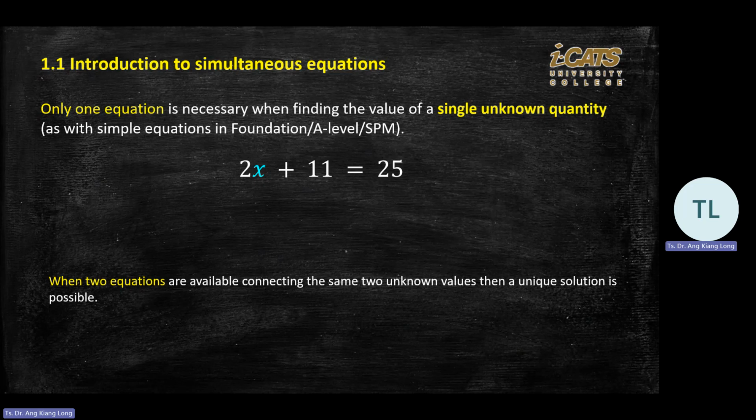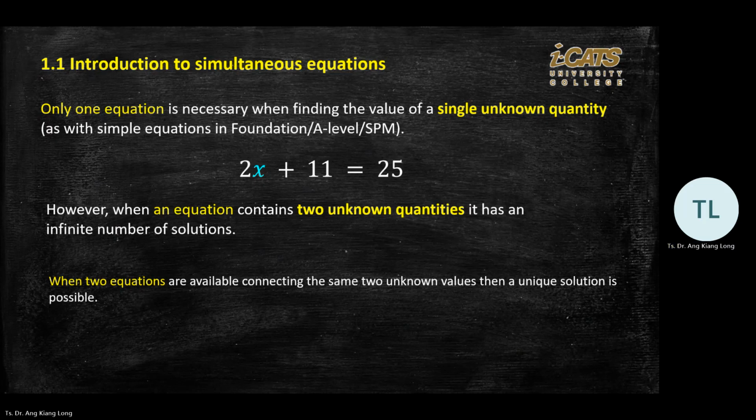So first is we call it unknown. Unknown means something that you don't know or you want to find. So we will use X, Y, Z, A, B, C, alphabet letters to represent unknown. In this chapter, we will use X and Y, P, Q, and Z sometimes. Okay.